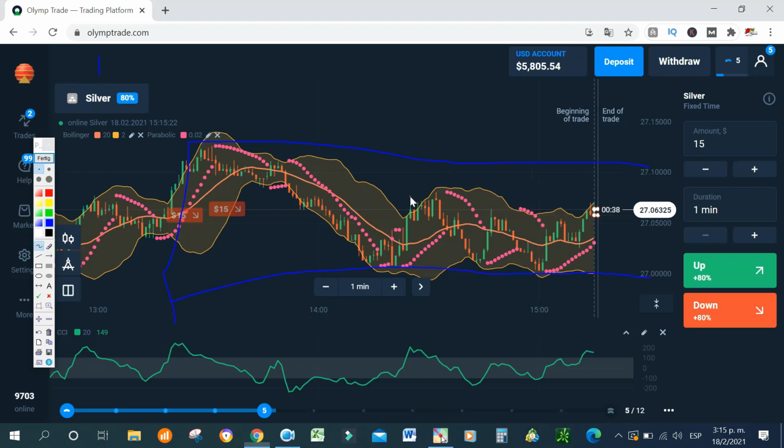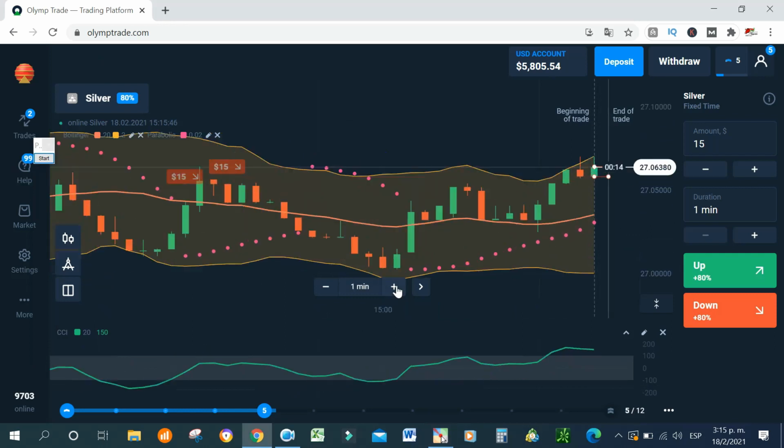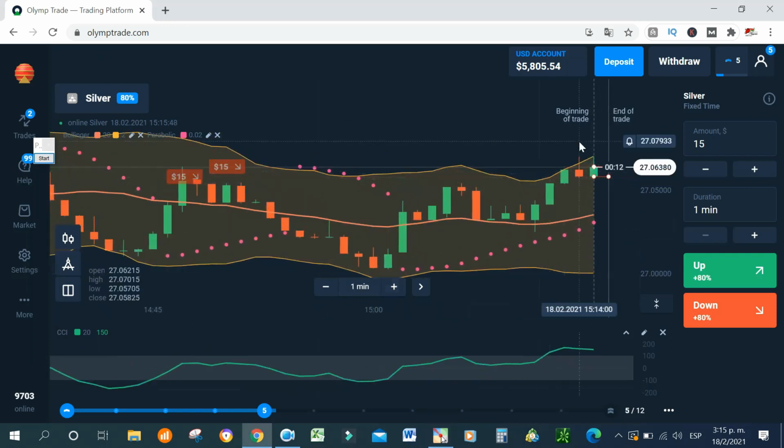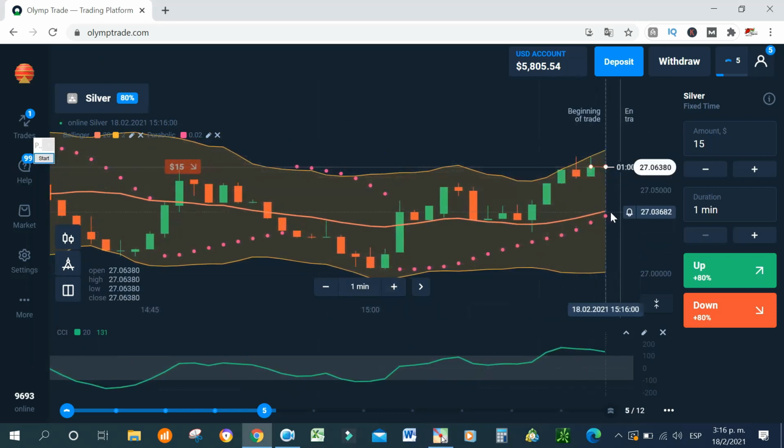This is a range. So we have a resistance level here, we have a support level just right here. So whenever the price reach one of the extreme and it made some weakness signal like this one, because these are rejection weak, we can make an entry.